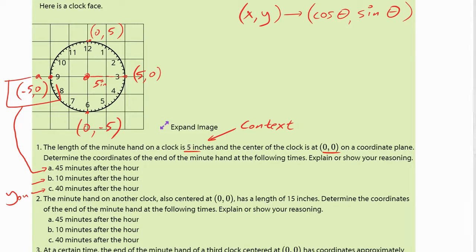All right, so let's begin. 10 minutes after the hour. This one's a bit tricky, and let me go ahead and use green. I'm going to do green, or some kind of gross color. I don't know what color that is, for part B. So this part is 10 minutes after the hour. This one's difficult, isn't it? Because you're just thinking, what value is that? Definitely a decimal.